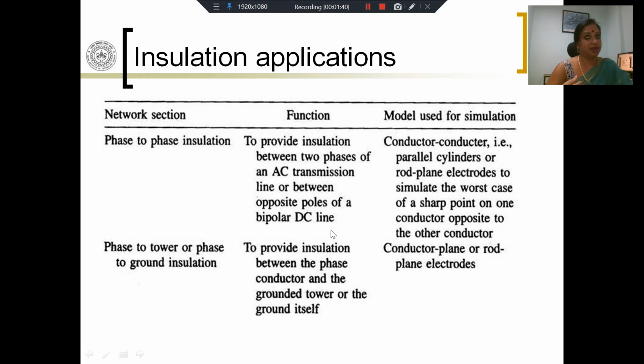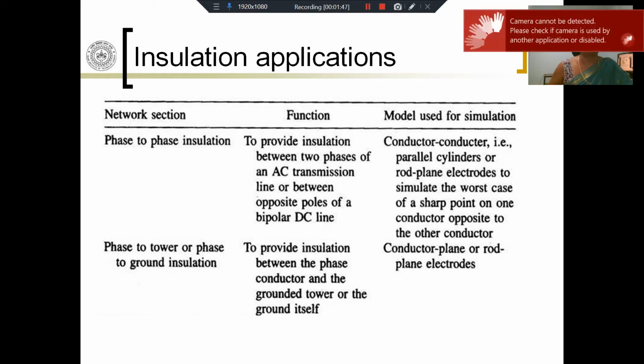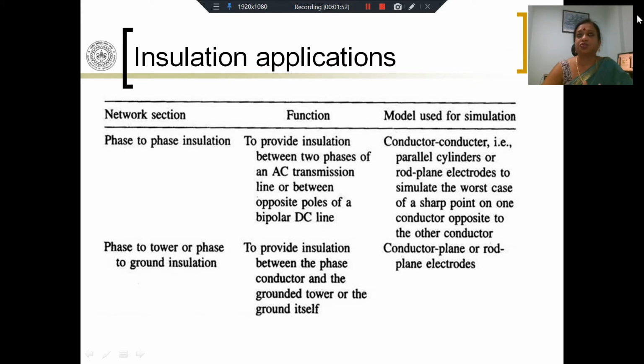And if in the laboratory, either through experiments or through simulation, we want to figure out whether the clearance we are talking about is going to be adequate, we need to use some models. For phase-to-phase insulation, we would use a conductor-conductor model, which is parallel cylinders.